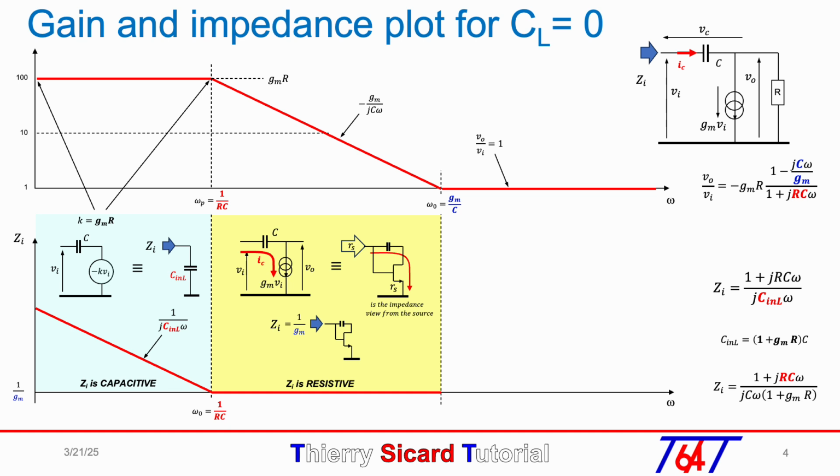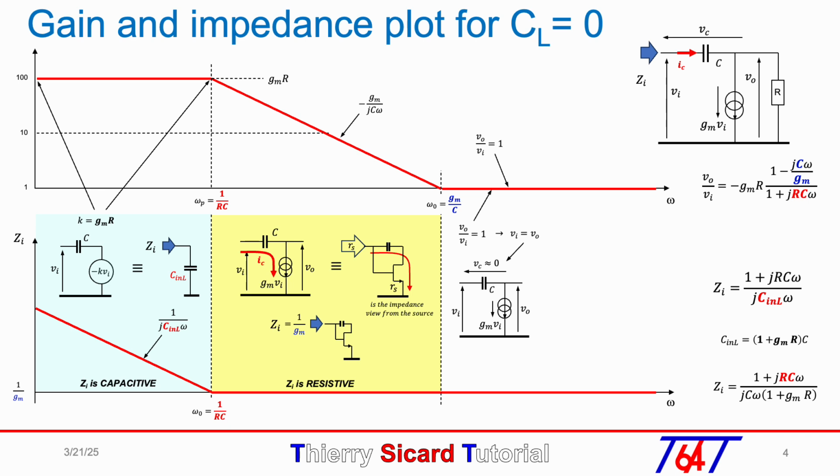In the second part, when the angular frequency is greater than Gm over C, the gain is equal to 1, but the equivalent circuit can be the same with the capacitor C and the transconductance Gm Vin. However, since Vout over Vin equal 1, this means that Vin equal Vout, and therefore Vc is almost 0, because the gate-drain connection is in short circuit.